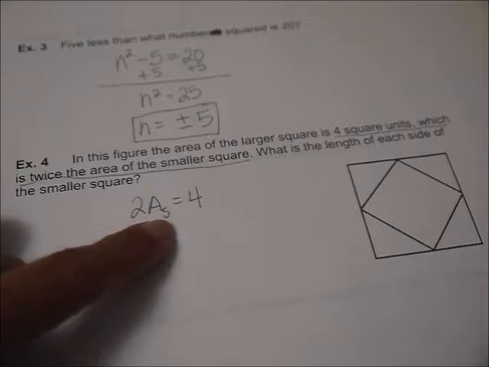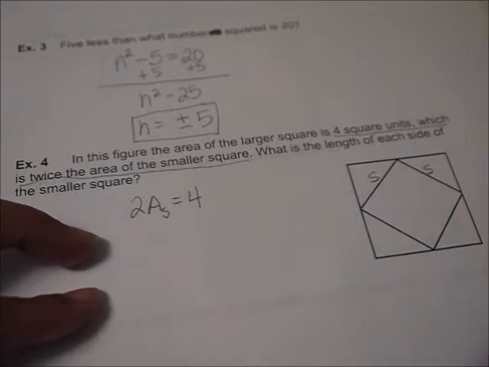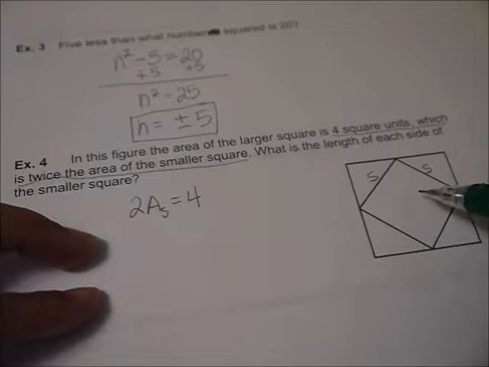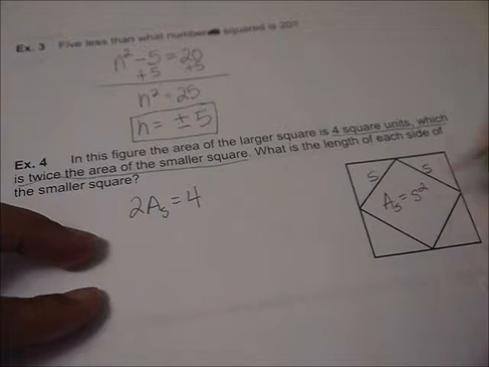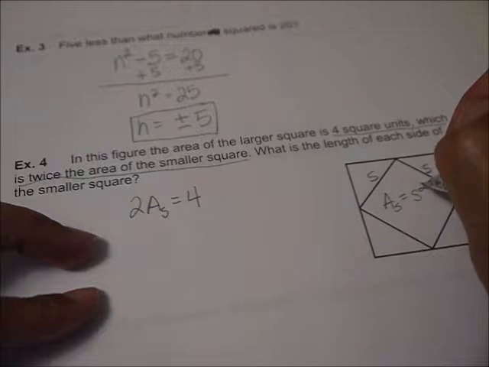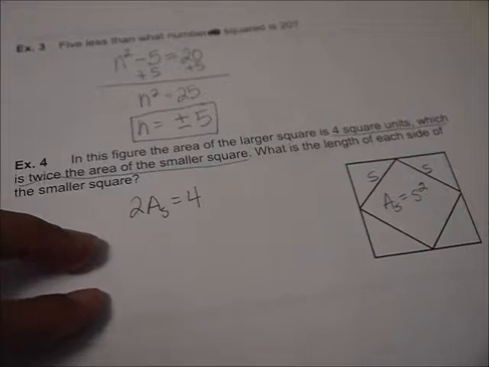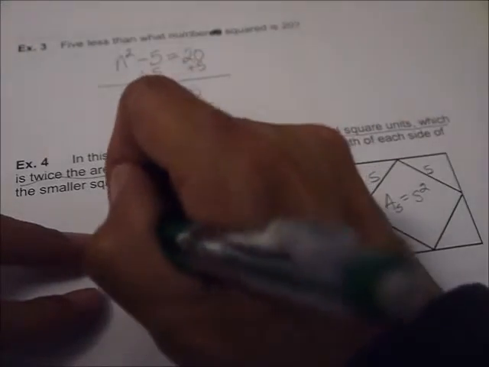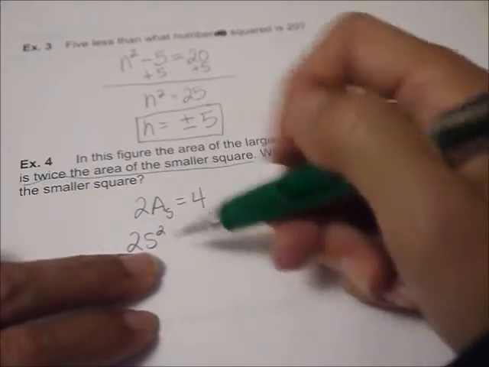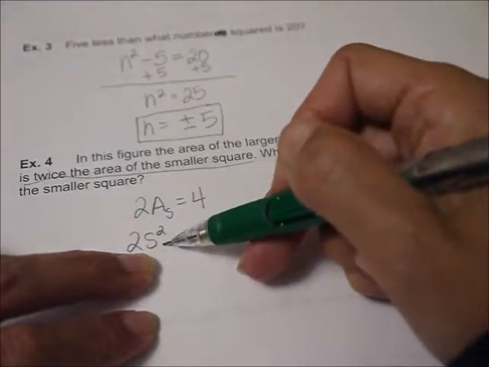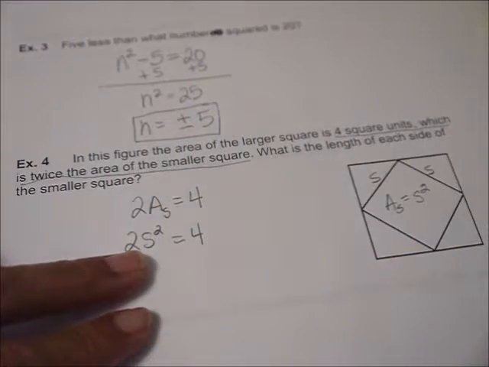Okay, but the area of the small square is, let's call the sides s, right? So the area of the small square is s times s, or it's s squared. Remember, area of a square is side squared. So let's say this, twice the area of the smaller, which is twice squaring the sides, will equal the area of the big one.